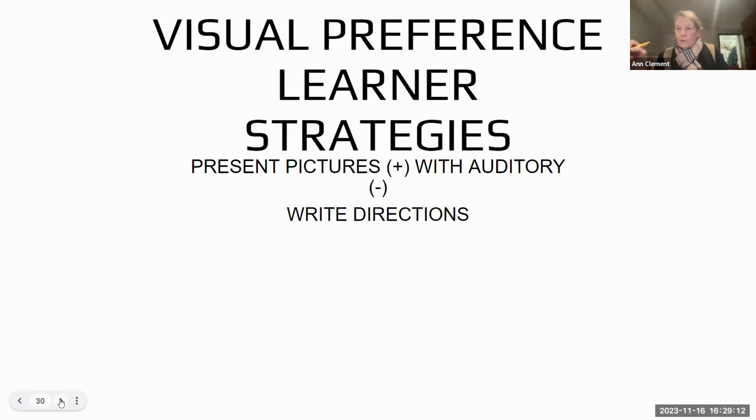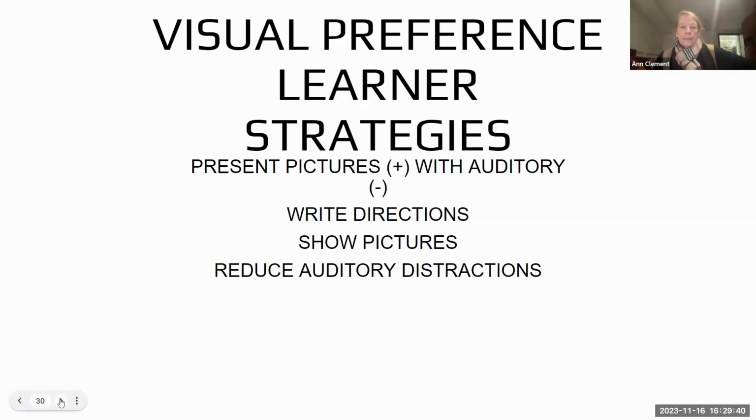You know, circle the word or print the word or read the word so that they can see the directions and not just hear, because the visual learner will do better seeing. Show pictures, whether it's a flashcard for math or vocabulary word pictures or whatever. The visual learner will learn and remember more if they see the pictures.